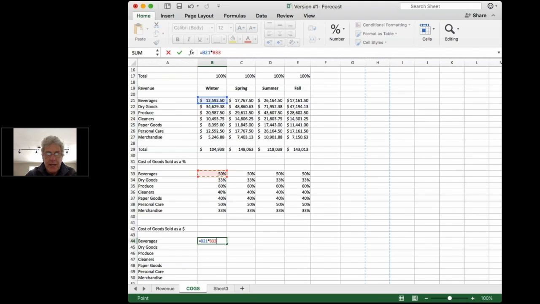And we push enter. And as you can see, 50% of 12,005 is 6,296. Perfect. We're going to take that and we're going to copy that down.